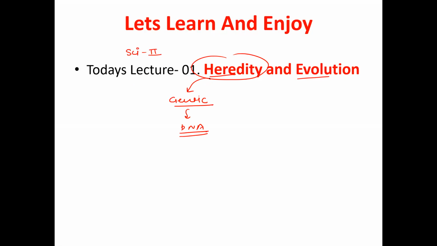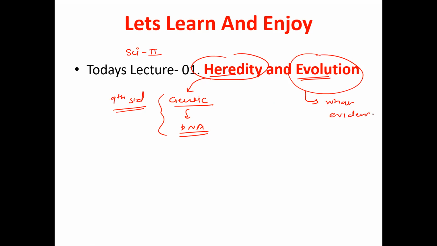This part is based on your ninth standard, chapter number 16, and this is another part of the same chapter. It deals with evolution. So today we are going to cover what is evolution and evidences of evolution.